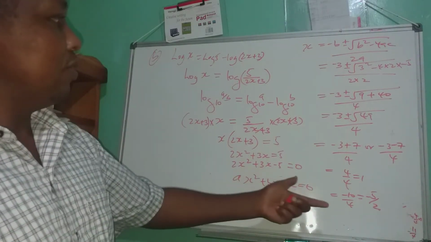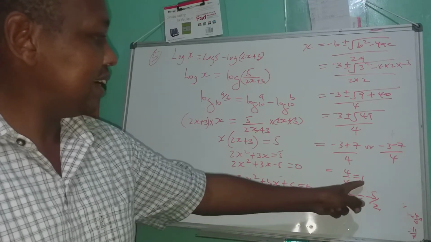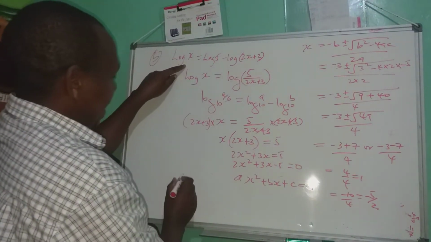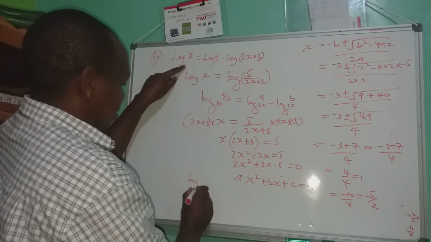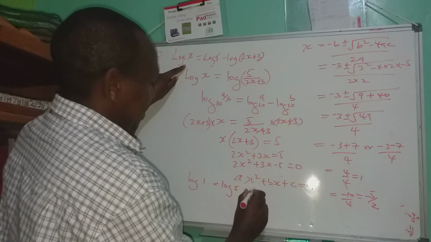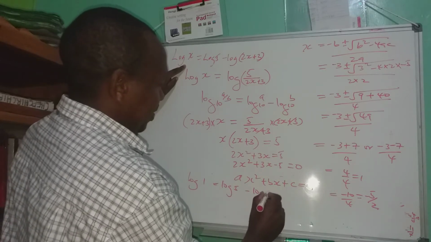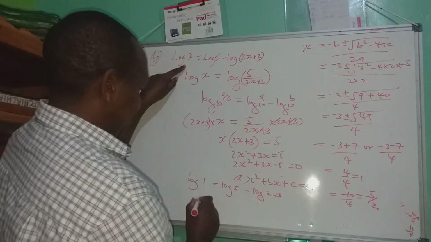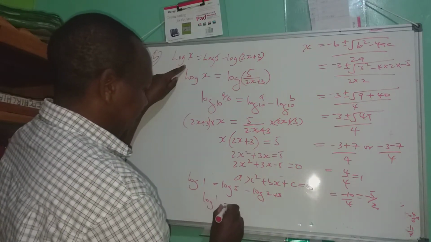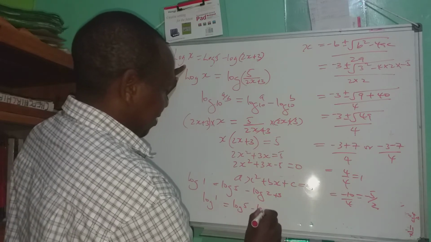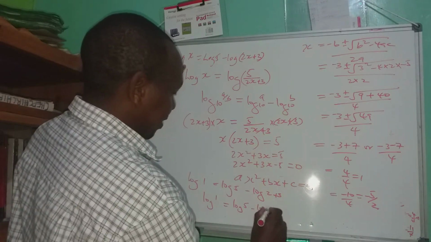If you want to prove that x is 1, you can replace. Let's replace here. You can have logarithm of 1 is equals to logarithm of 5 minus logarithm of 2 plus 3, which is 5. So logarithm of 1 is equals to logarithm of 5 minus logarithm of 5.